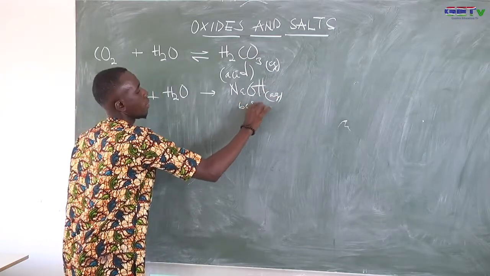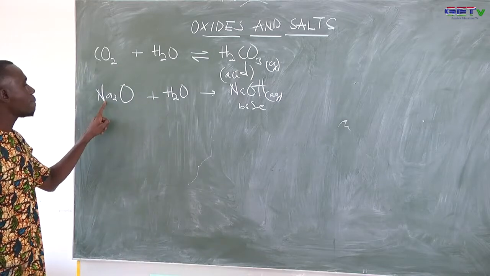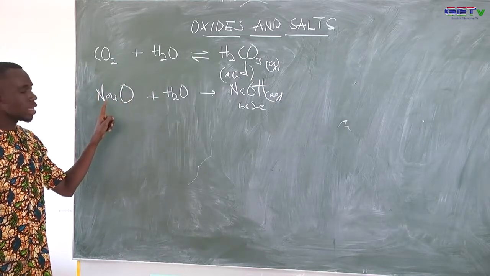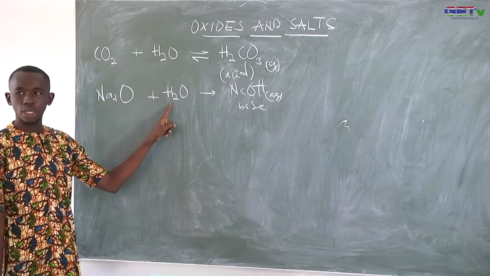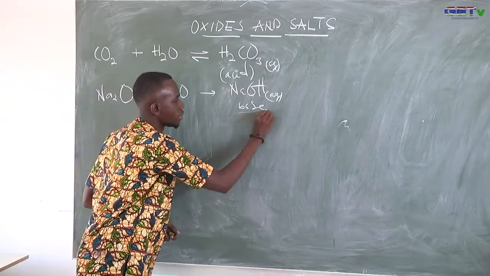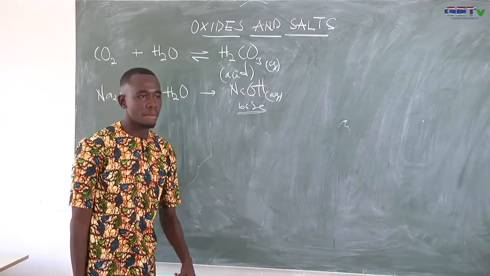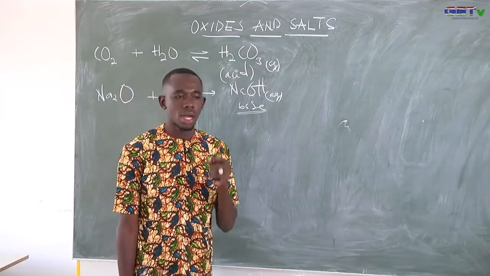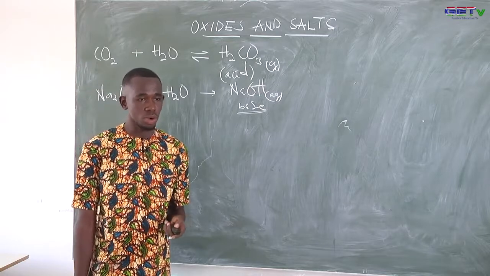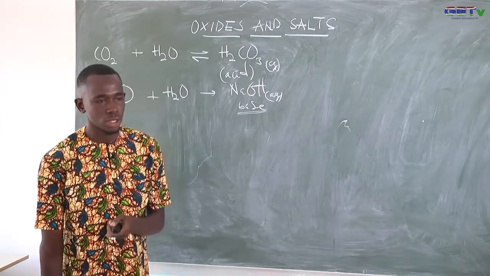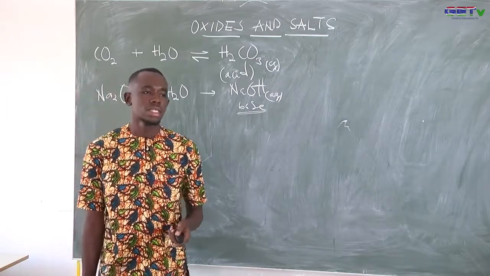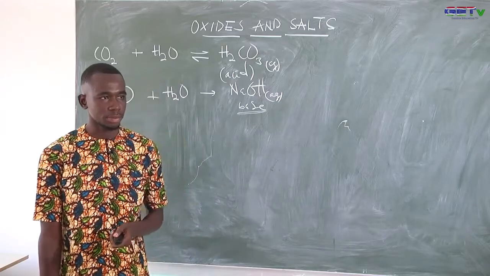And here we have a base. Now you see we have a metallic oxide, because sodium is a metal. With oxygen it will form a metallic oxide. Now the metallic oxide dissolved in water will form sodium hydroxide, which is a base. So whenever you react a basic oxide with water, they will form a basic solution. And the examples are Na2O, that is sodium oxide, magnesium oxide, calcium oxide, etc. Of course, we also have other examples of basic oxides.